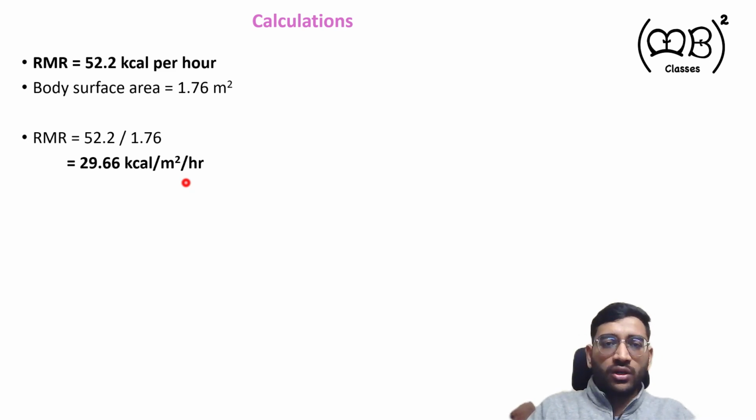So there's no normal range because we discussed all the factors which affect the RMR, the age, the sex, the body composition. Because of this huge variability, there's no normal range of RMR. We have predictive equations or standard charts, and we compare the individual using their age and sex reference.